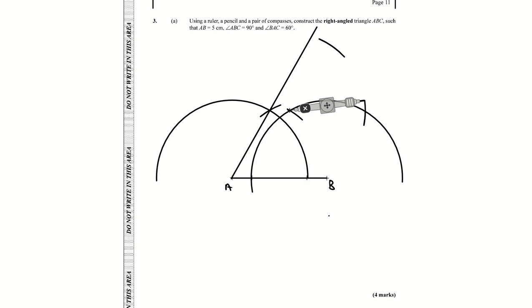Then you're going to take your pointy part, put it here, and draw an arc intersecting this first arc up here. This and the initial line of B is going to be 90 degrees.